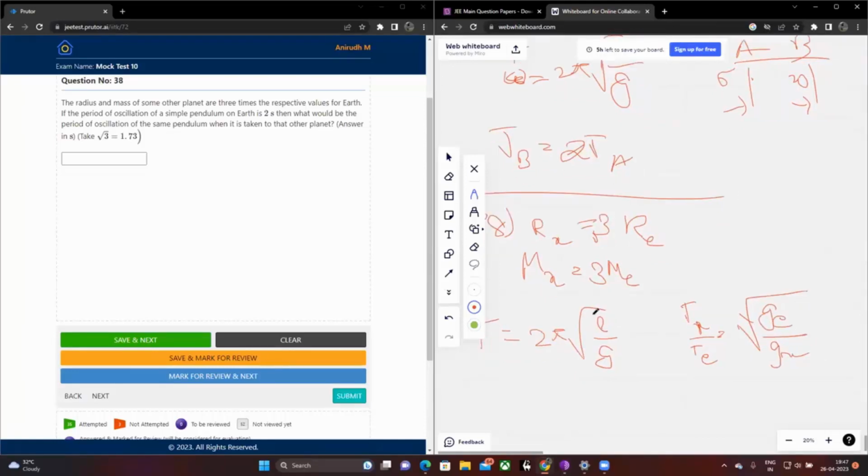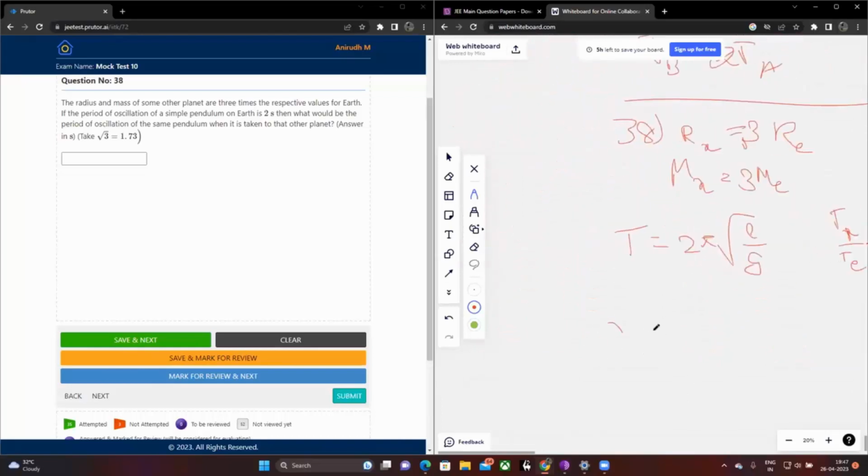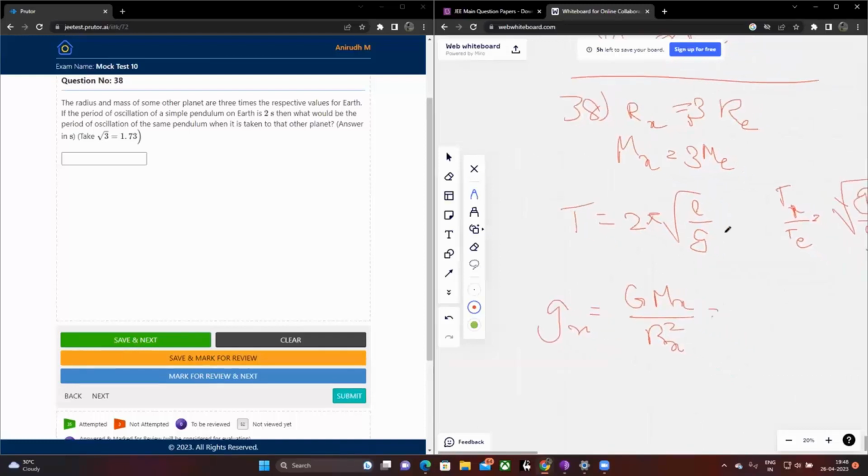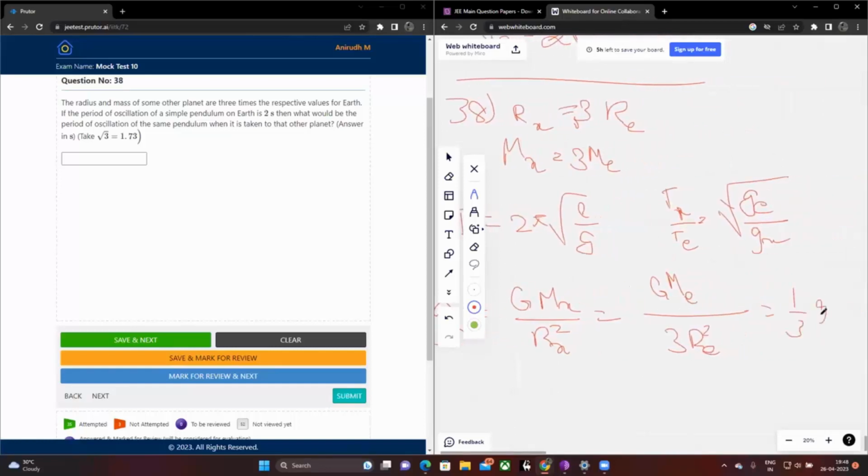And Gx is G times Mx by Rx squared, which is 3 times Me by 9 times Re squared, that is 1/3 of Ge.